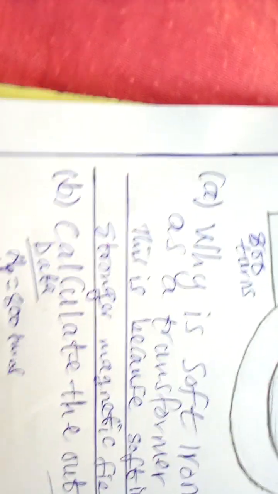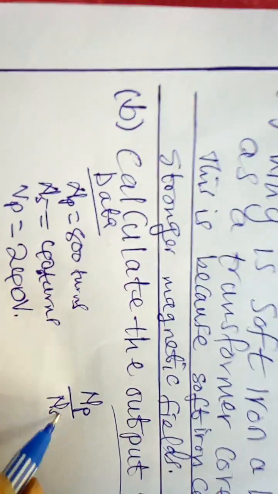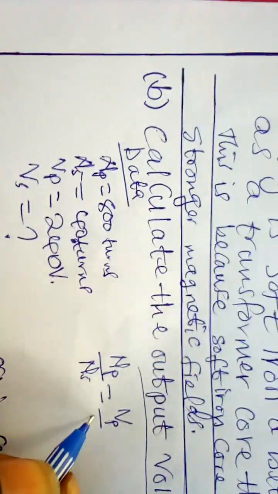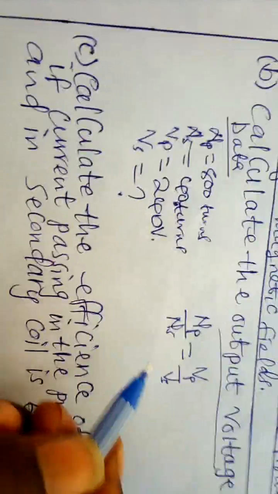Let's now write the formula. The number of turns in primary over the number of turns in secondary is equal to the voltage in primary over the voltage in secondary. Now let's substitute.